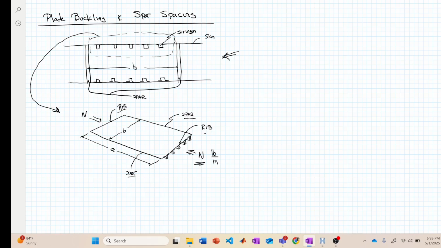So the way this works, again, is the critical buckling load for this system, which is going to be force per length, is this aspect ratio mode parameter K times pi squared times D, which is the plate stiffness factor, over B squared.